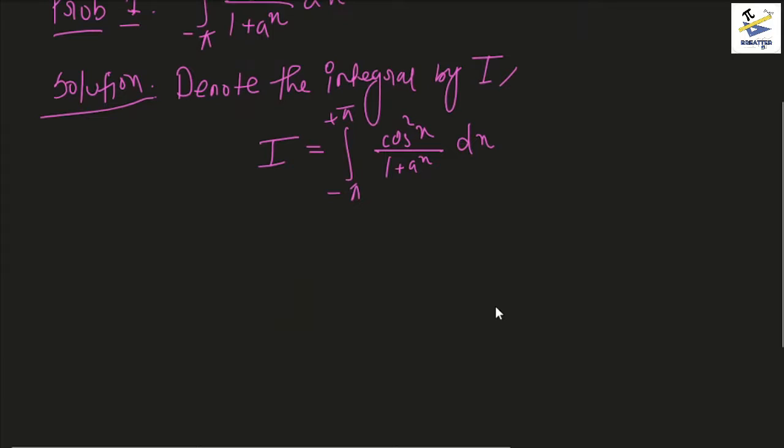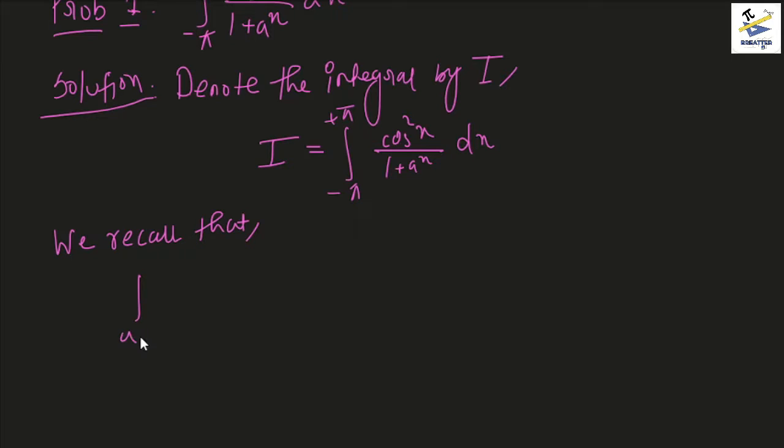Now the thing is, if you remember the property, we recall that the integral from a to b of f of x dx is equal to the integral from a to b of f of a plus b minus x dx.